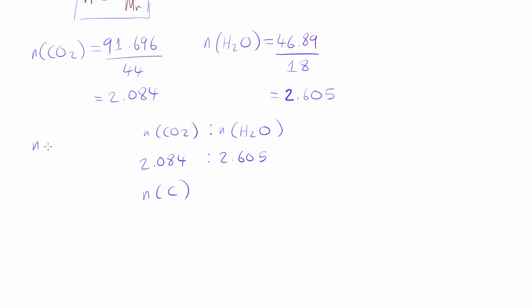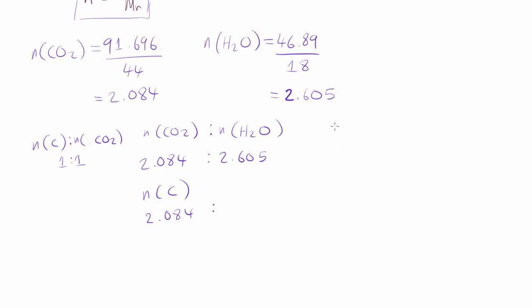I'm just going to write this down, so the moles of carbon in terms of the moles of CO2, we know that that is a 1-to-1 ratio, right? So the moles of carbon is therefore 2.084.